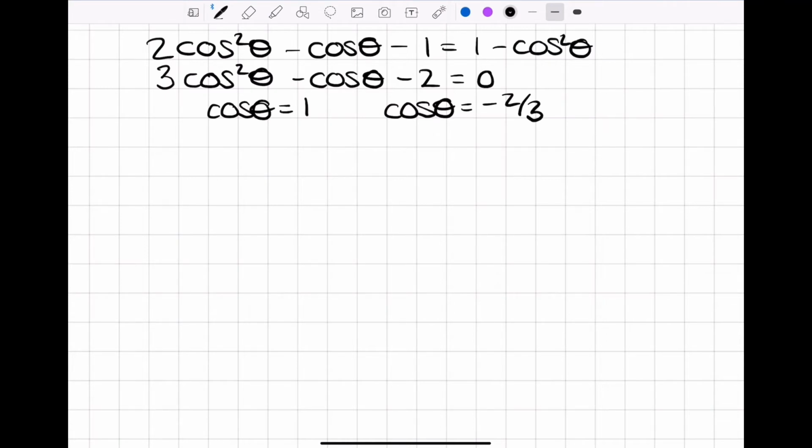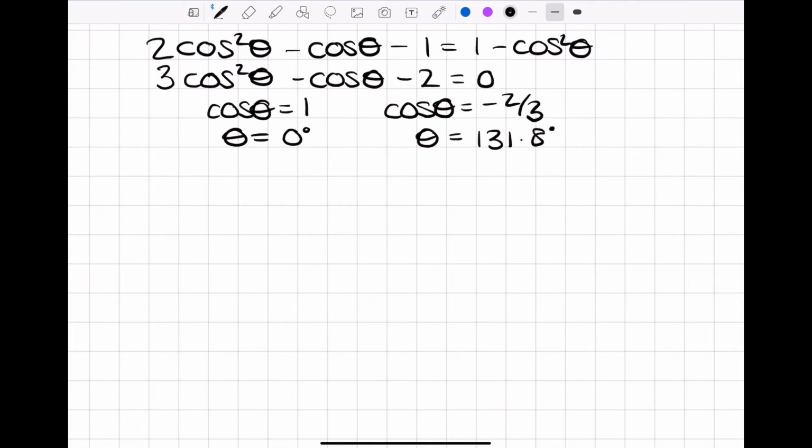Our first step is to find our value of theta when cos theta is 1. So from the calculator, that'll give us 0 degrees. You probably already know that one. The other one, for minus 2/3 in the calculator, will give us 131.8 degrees.